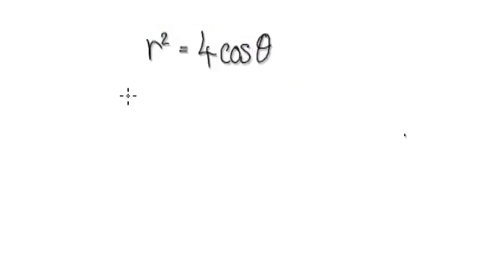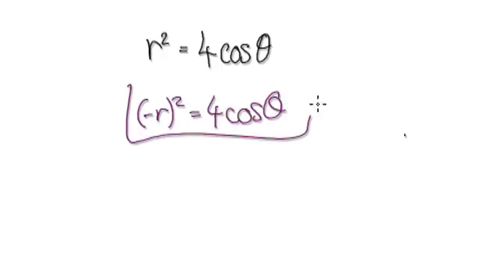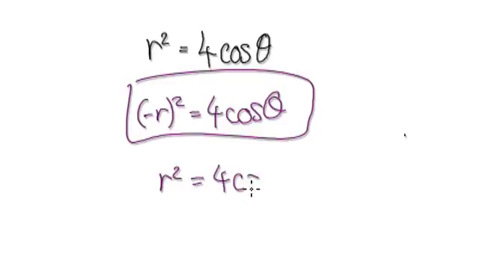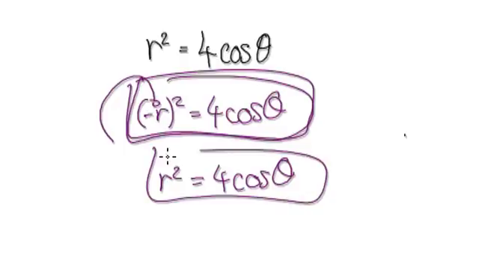And something that you should spot straight away is that if you put in the negative version of the radius, so it's like this, minus r squared, then the whole thing will be itself, because minus r squared will be r squared. So when you put in the negative version of the radius, the whole thing will remain the same, meaning it's symmetrical along the origin.